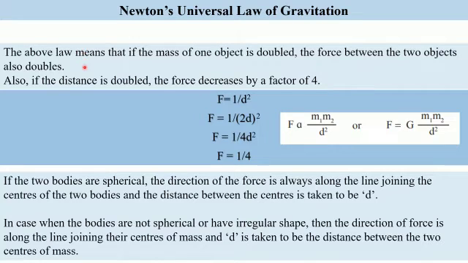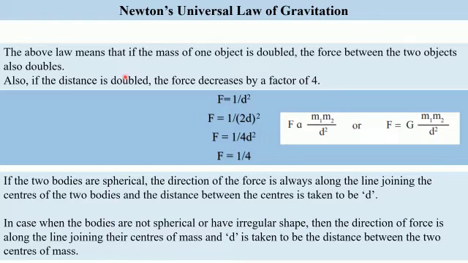Now let us try to understand the statements that are given over here. We know that the gravitational force is directly proportional to the product of the masses of the objects. So the greater the mass of the objects, the greater will be the gravitational force of attraction between them.